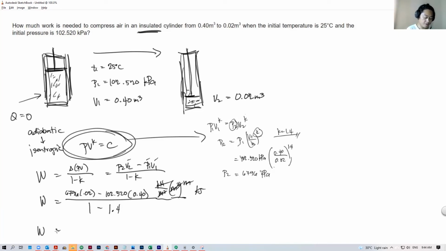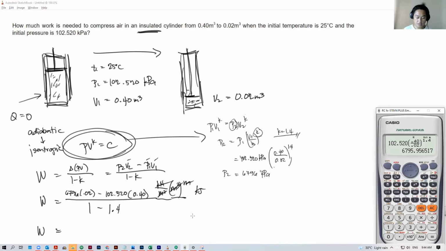So basically we have our answer in terms of kilojoule. Let me just do a fraction first: 6,796 multiplied by 0.02 minus 102.520 multiplied by 0.40, all over 1 minus 1.4.